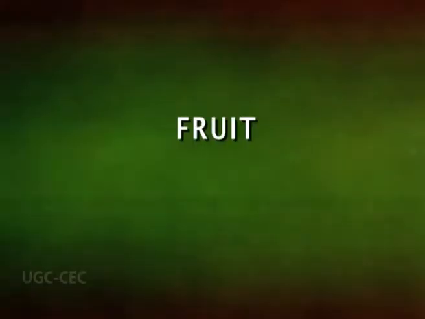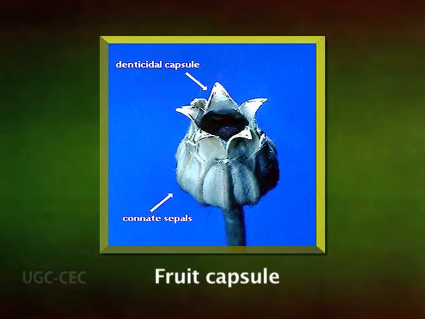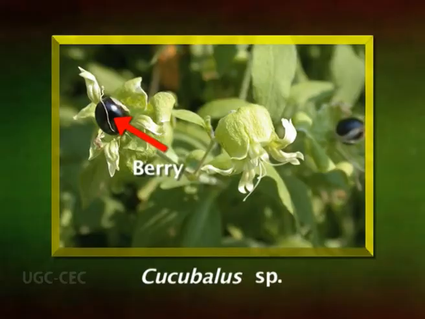The fruit in Caryophyllaceae is usually a dry capsule opening by teeth, that is with denticidal dehiscence. Or the fruit is rarely a berry with irregular dehiscence, as we can see in Cucubalus, or it can even be an achene.